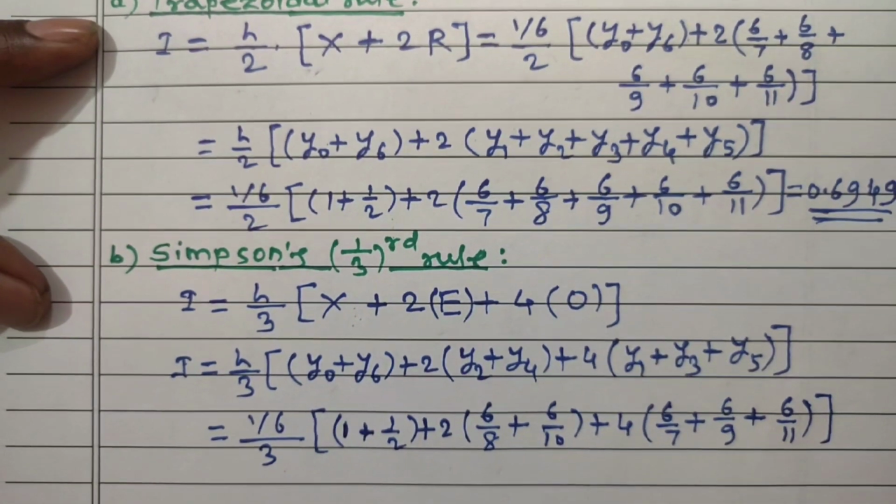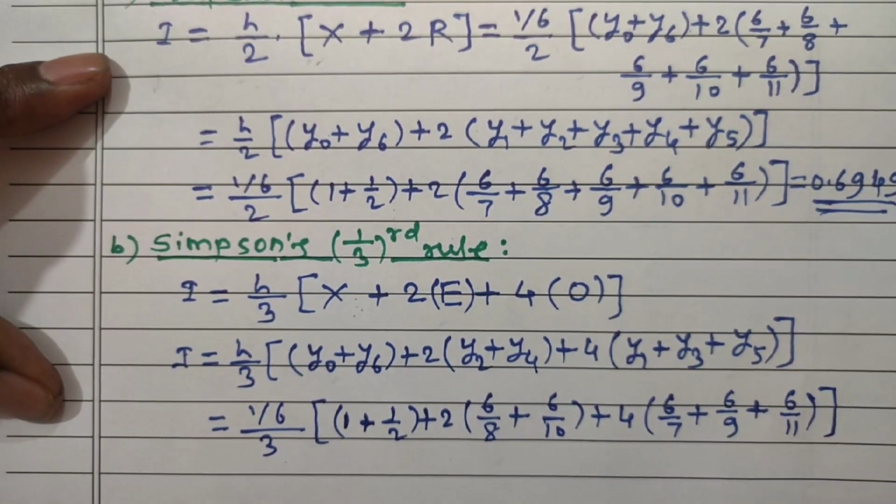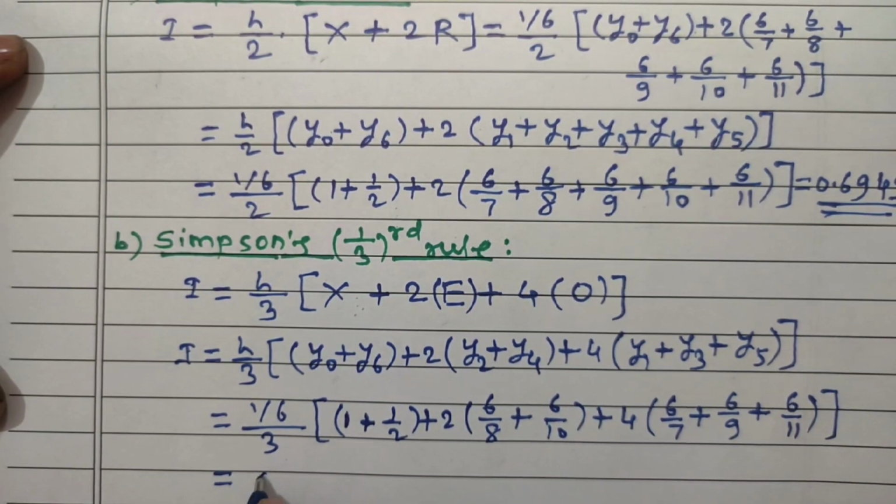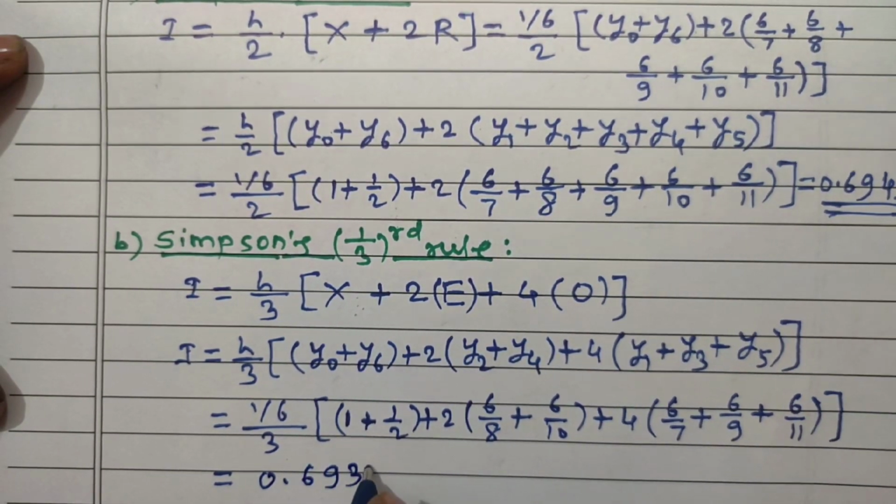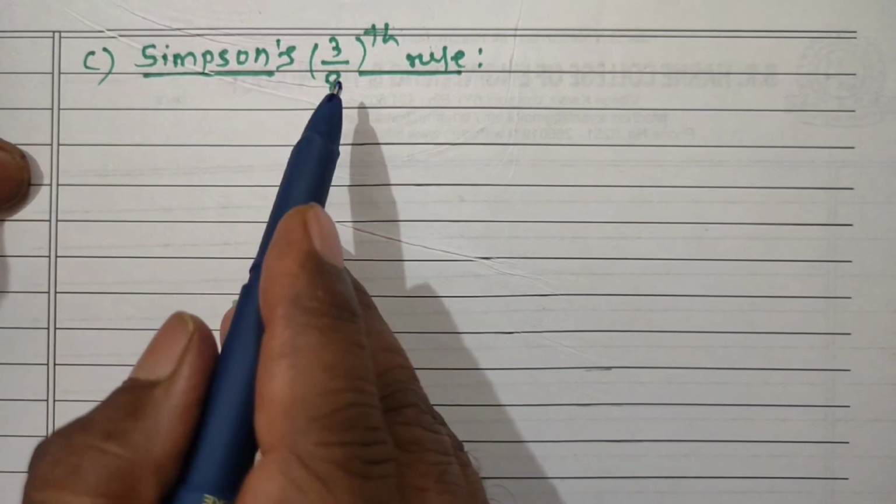Now we can calculate this by using a calculator. So I is equal to 0.6932.